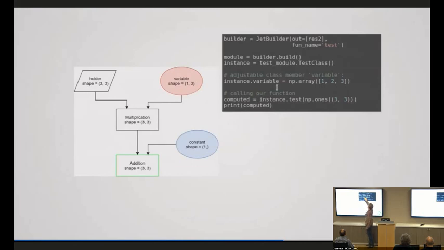What you get is a module with a class, and you can create an instance of this class, which has this variable that you can define as whatever you want. You can set it through this, call the function which you've named over there with your input, and get the result. All of this operation is then performed in native C++ and hopefully with native speed.